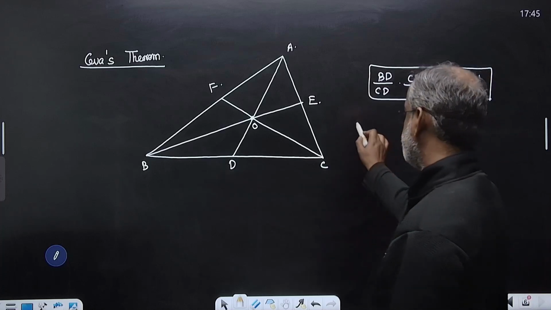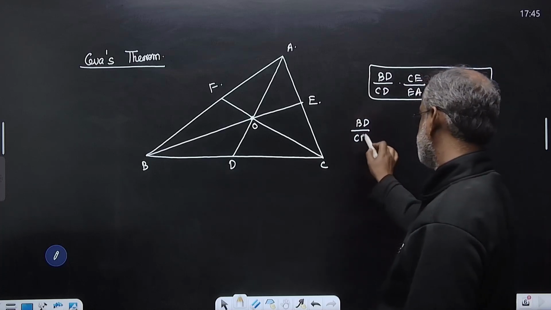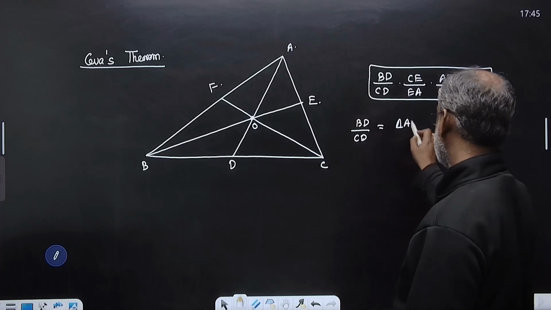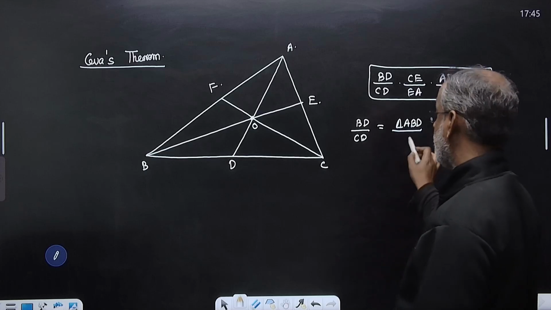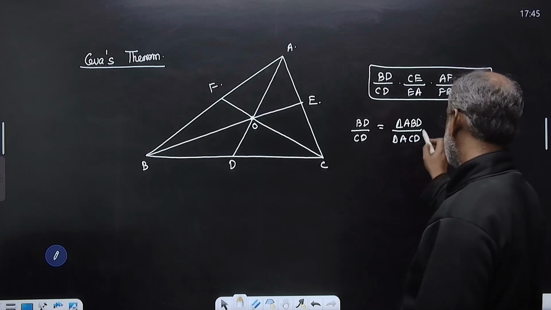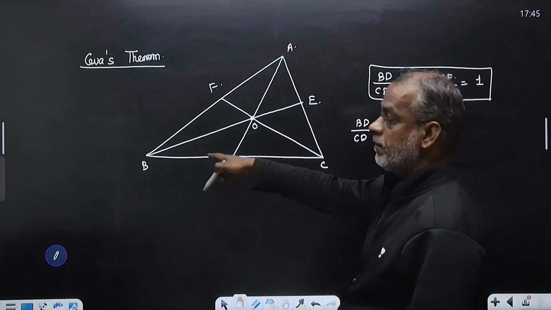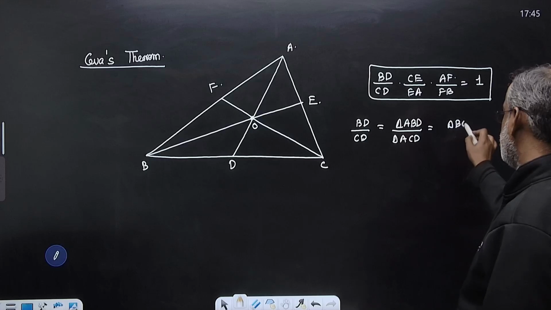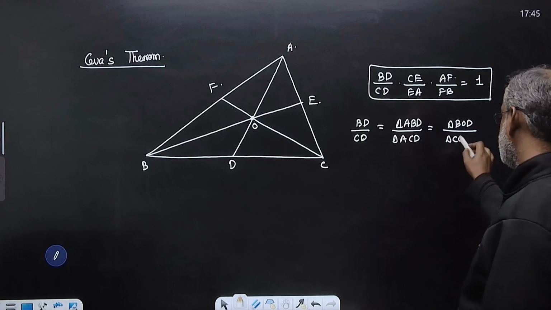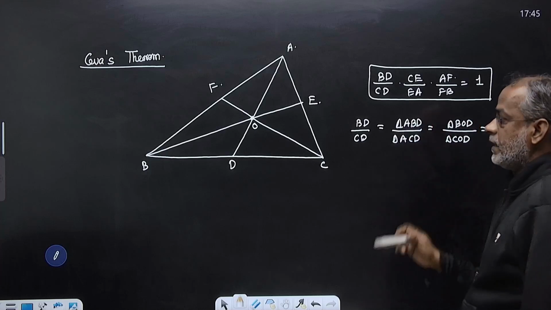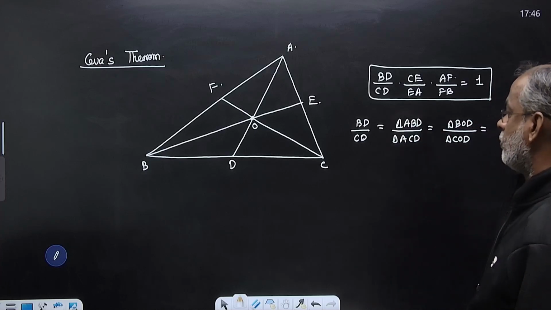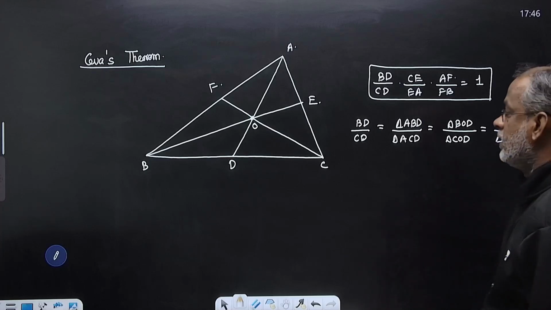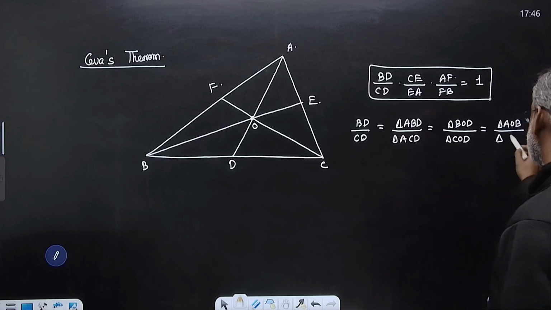So, BD upon CD is area of triangle ABD upon area of triangle ACD. Same height, so it will be in the ratio of bases, and it is also equal to area of triangle BOD upon area of triangle COD. So, if you subtract, ABD minus BOD, this is area of triangle AOB upon area of triangle ACD minus COD, that is AOC.